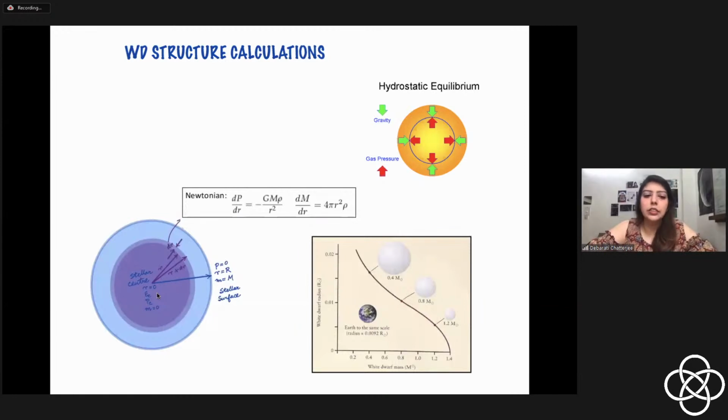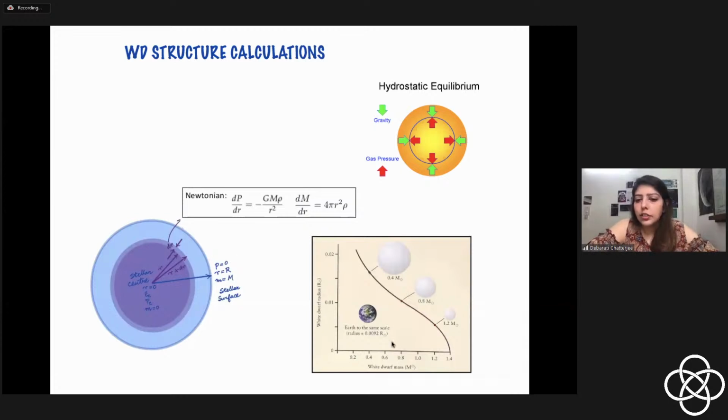The stellar center corresponds to r equal to 0, with central energy, central pressure, and 0 mass. Then we integrate outwards using these relations and the relation between pressure and density, which is the equation of state. And you see that dP/dr is negative, which means the pressure will decrease towards the surface, and the point where it goes to 0 is the surface of the star.